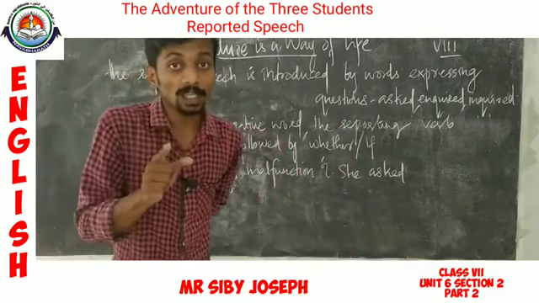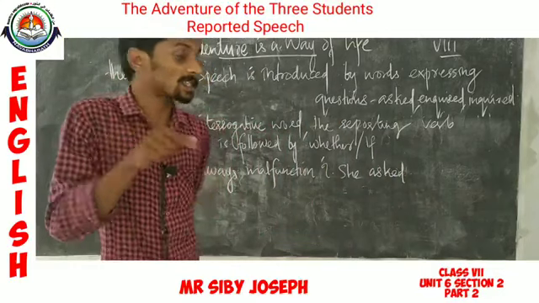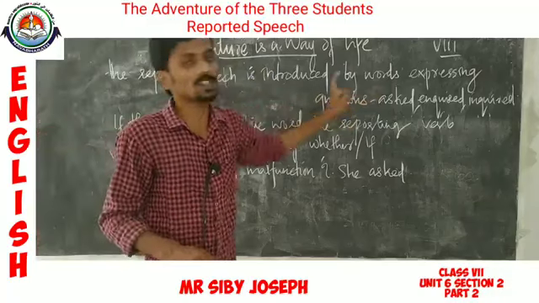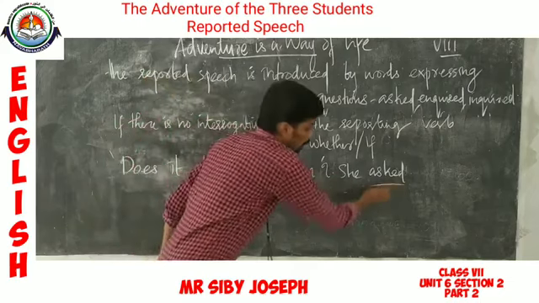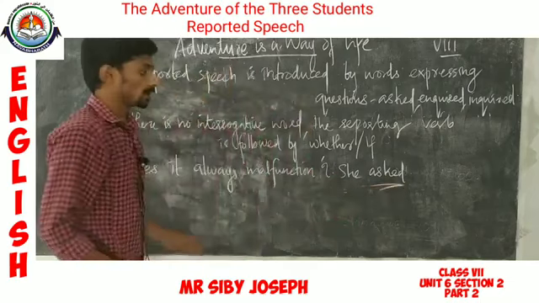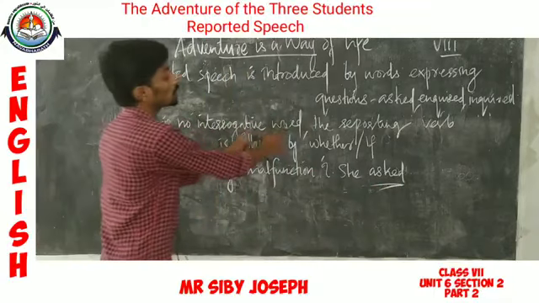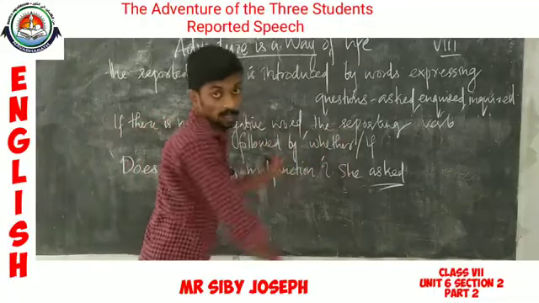So, the first thing you have to notice is that in reporting questions, the reported speech is introduced by words expressing questions, and the question word is itself here asked. Then what is the second thing you have to do? If there is no interrogative word, the reporting verb is followed by whether or if.